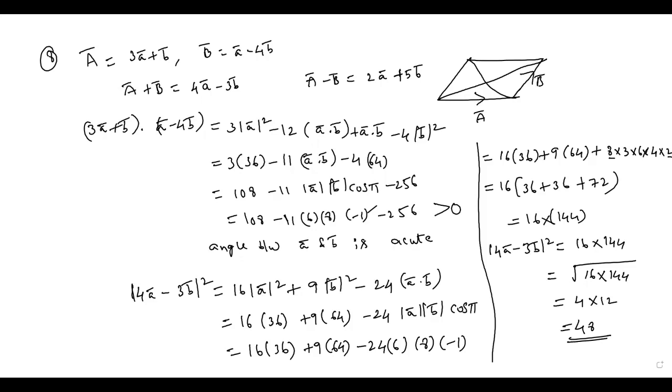Next, ninth one. A bar, B bar, C bar is given. If R bar is a vector such that R bar cross B bar equal to C bar cross B bar and R bar dot A bar equal to 0, then what is the value of R bar dot B bar they are asking. Okay.